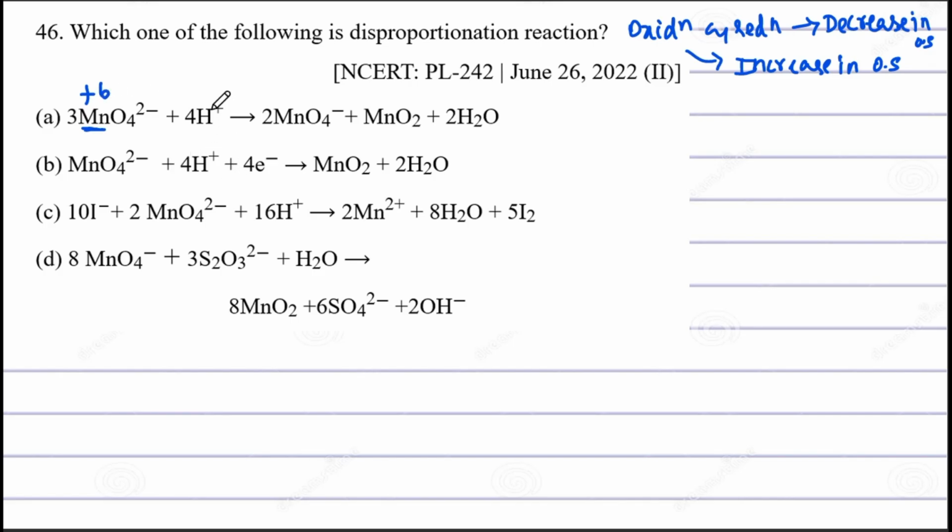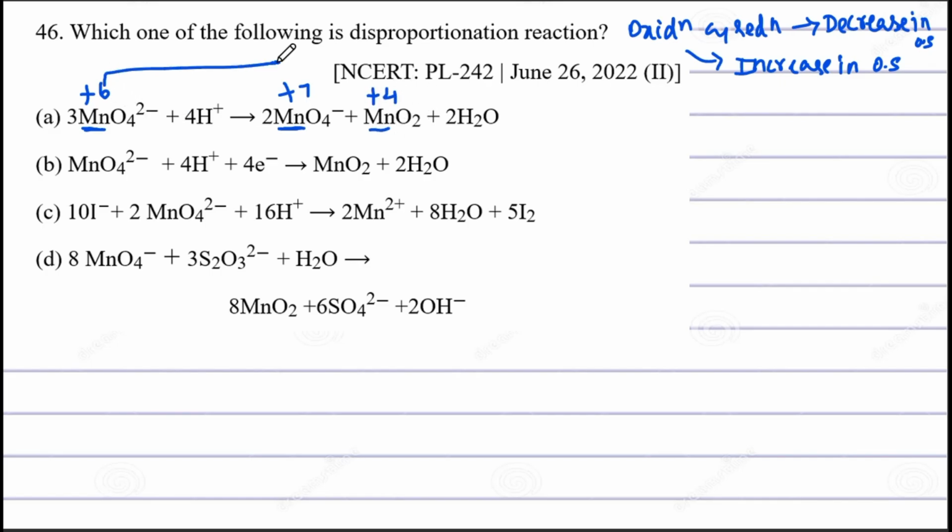We have already seen how to calculate the oxidation state of manganese in MnO4⁻ and MnO2, so I am directly writing the oxidation states, as in the previous question. So the oxidation state of manganese in MnO4⁻ is +7, and in MnO2 it is +4.